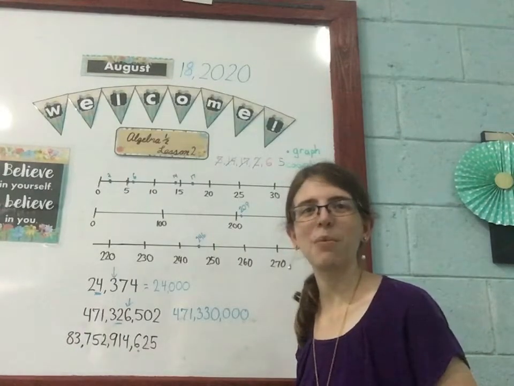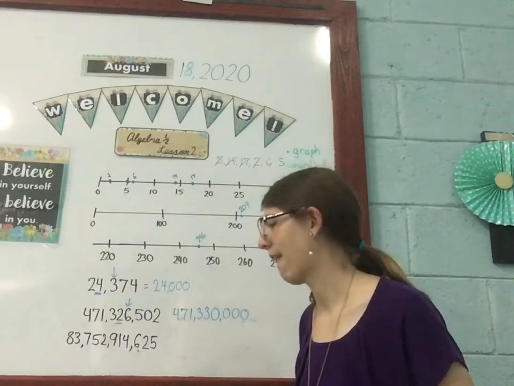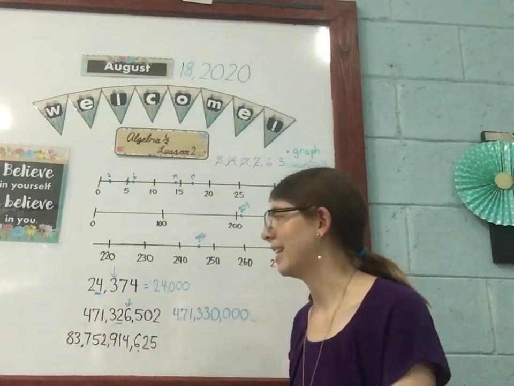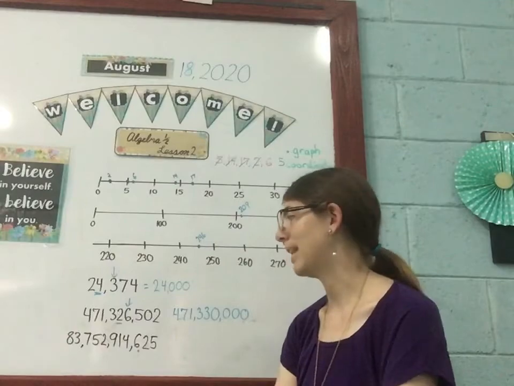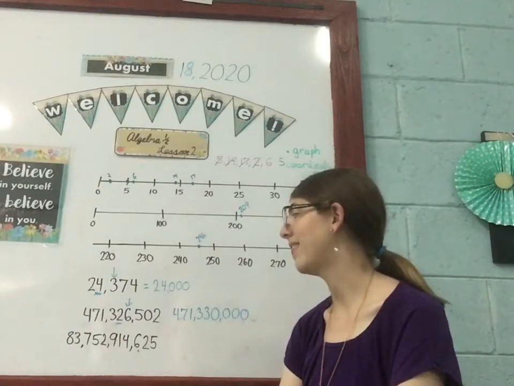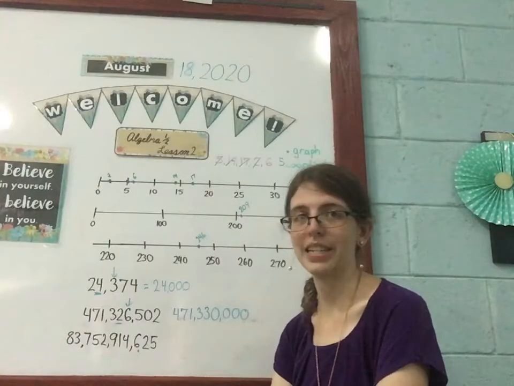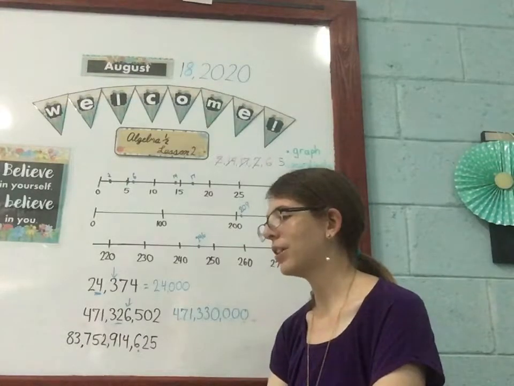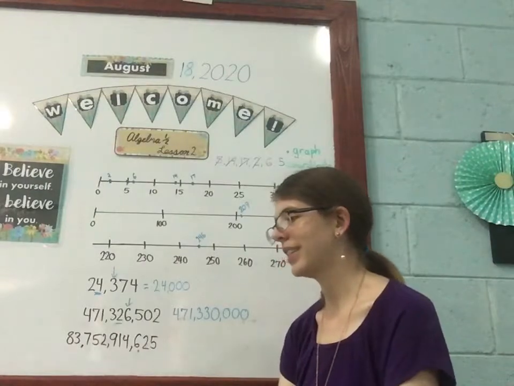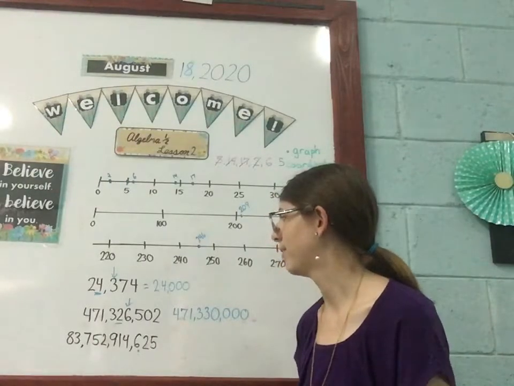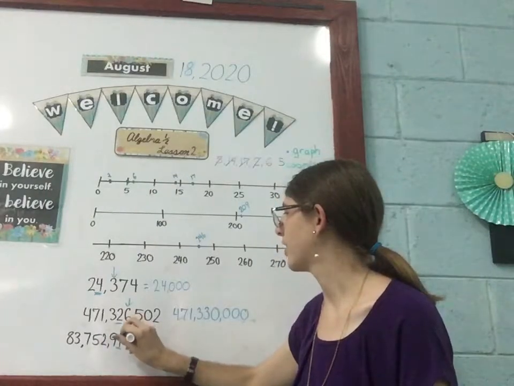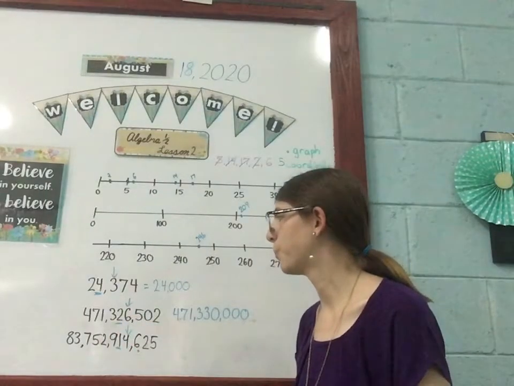Okay, let's look at one more before we go to your practice. 83,752,914,625. Oh, another big number. I want to round to the nearest, once again, 10,000. So that's this number right here. I look at the number behind it to tell me what to do.